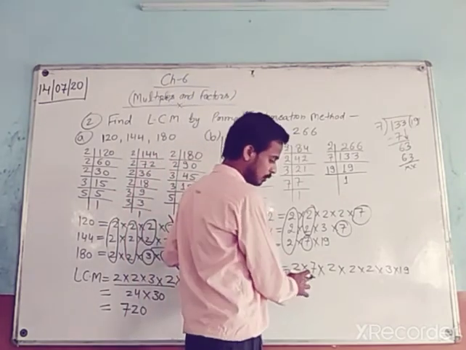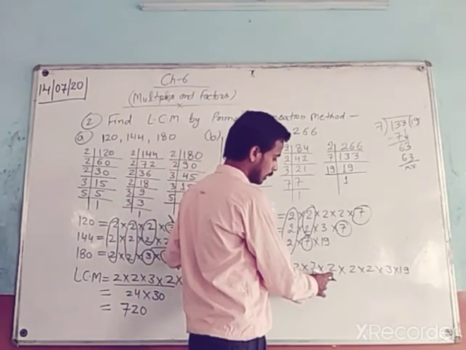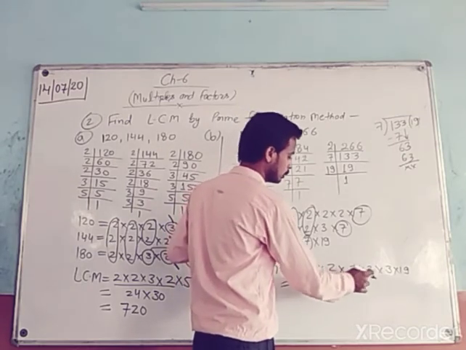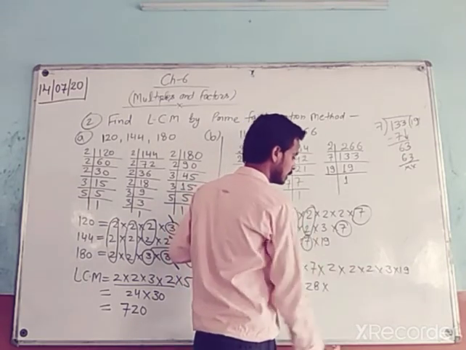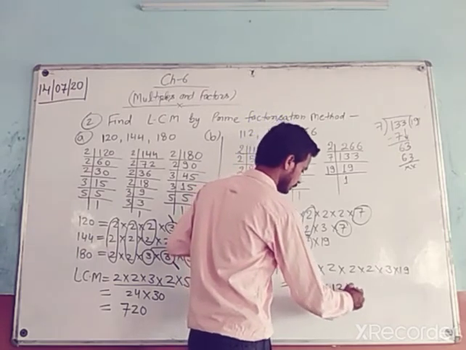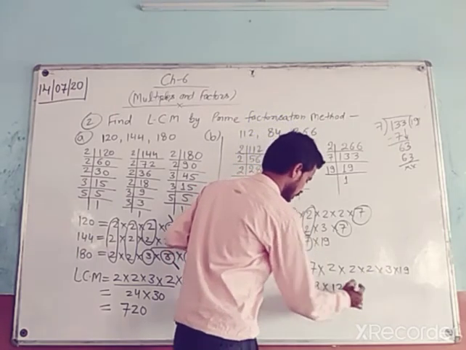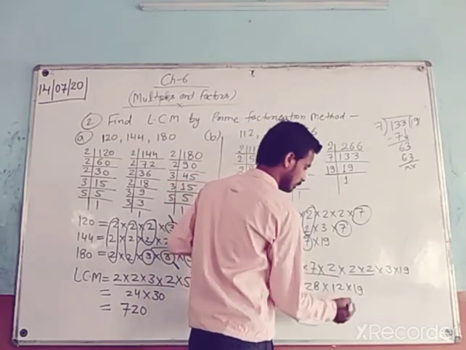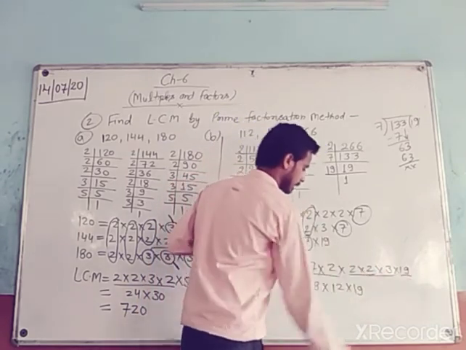2 7s are 14, 14 2s are 28. Multiply by 2 2s are 4, 4 3s are 12, and 19.